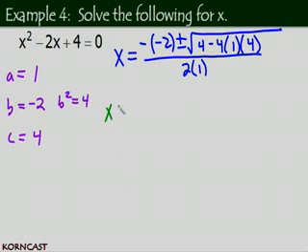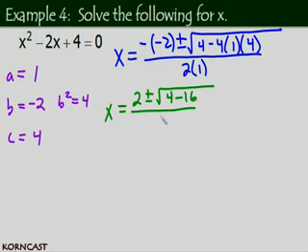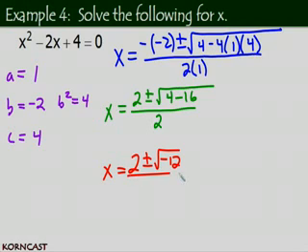Simplifying gives me x equals, well, negative times negative 2 is a positive 2, plus or minus the square root, well, negative 4 times 1, which is negative 4, times 4, which is negative 16, resulting in 4 minus 16, all over 2 times 1, which is 2. Now, 4 minus 16 is negative 12. So I get x equals 2 plus or minus the square root of negative 12 all over 2.